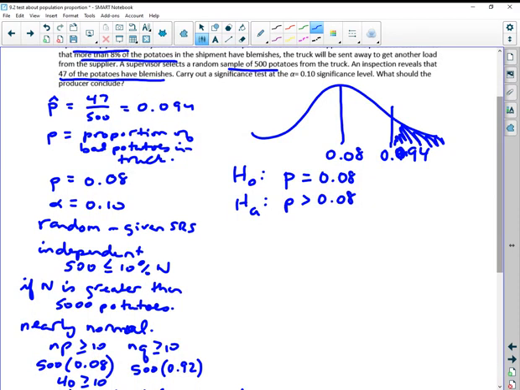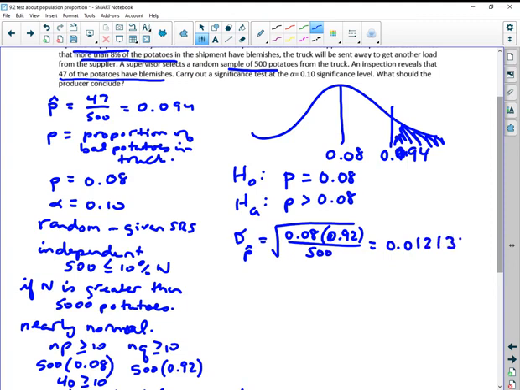But is this statistically significant? Well, we're going to need the standard deviation of our sampling distribution using parameter values, because we're assuming that that parameter is true. So we're going to be using the parameter because that's what we think is the truth. And so we put that number in to find our test statistic: the sample statistic minus the parameter, divided by the standard deviation of the sampling distribution.